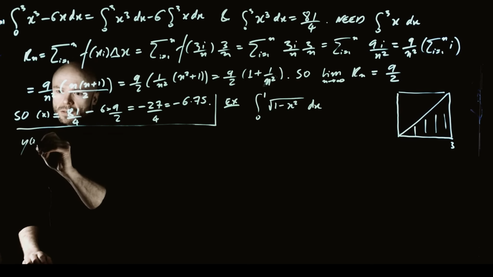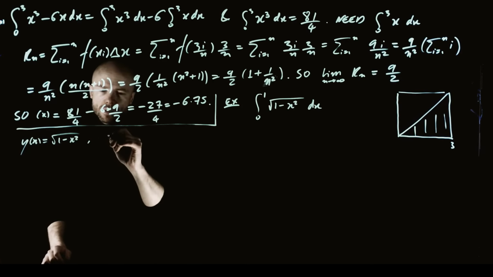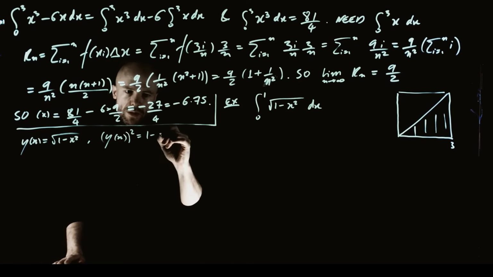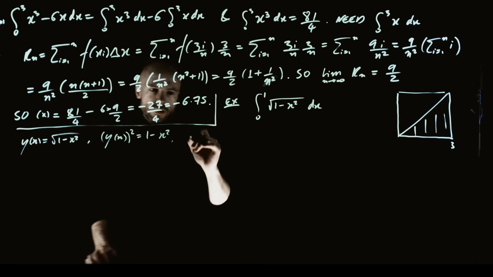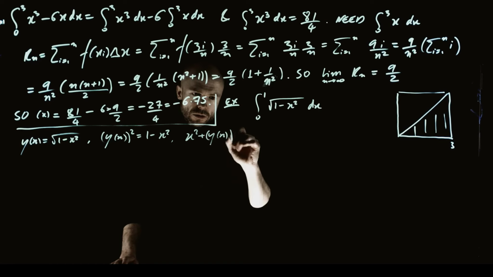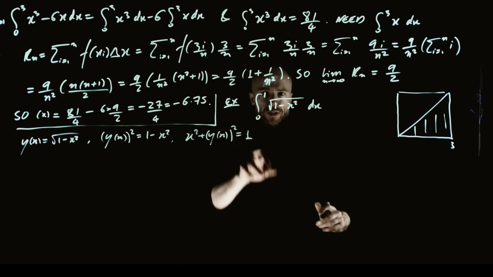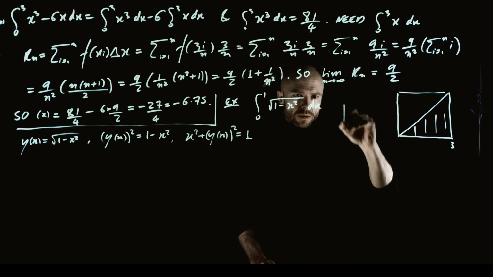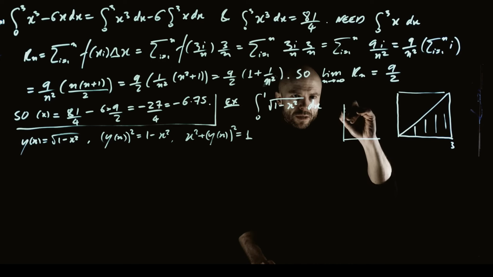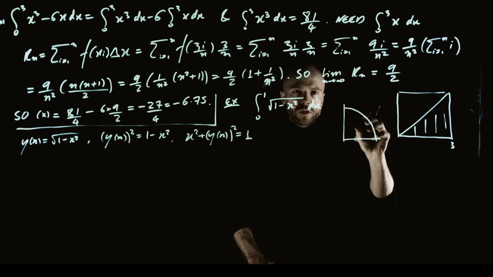If we let y of x be this thing, then y of x squared is equal to 1 minus x squared. So x squared plus y of x squared is equal to 1. So this is just part of a circle, and as we go from 0 to 1, at 0 it's 1, and at 1 it's 0, so it's this. This is a circle of radius 1, and this is just the first quarter of it.